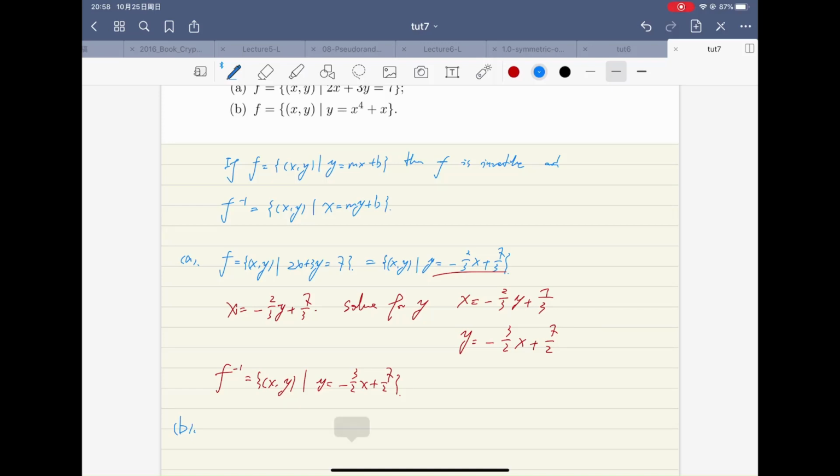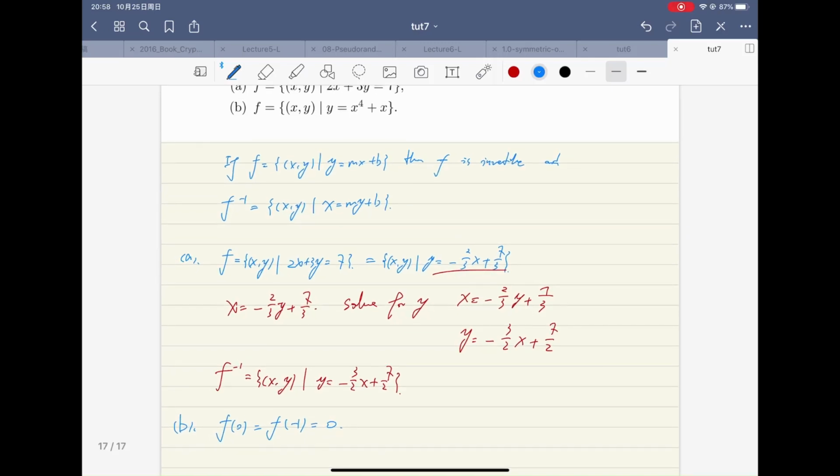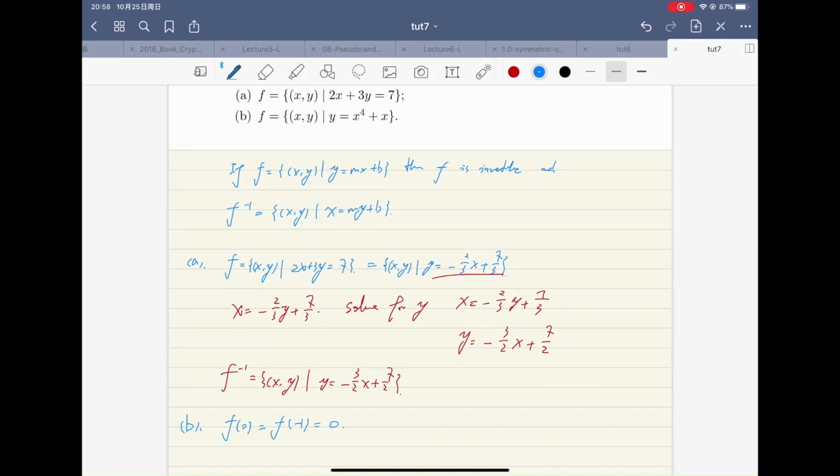So here we have something like f(0) equals f(negative 1) equals 0.